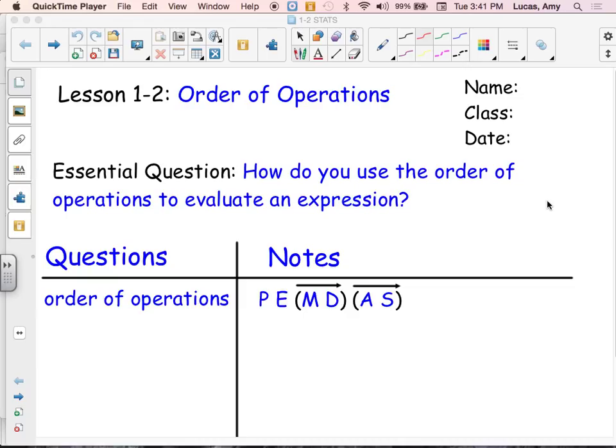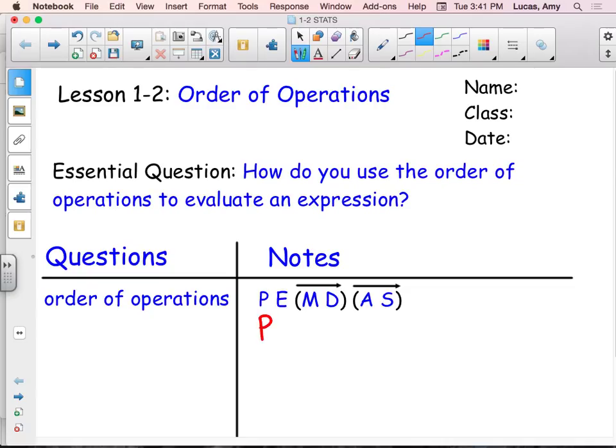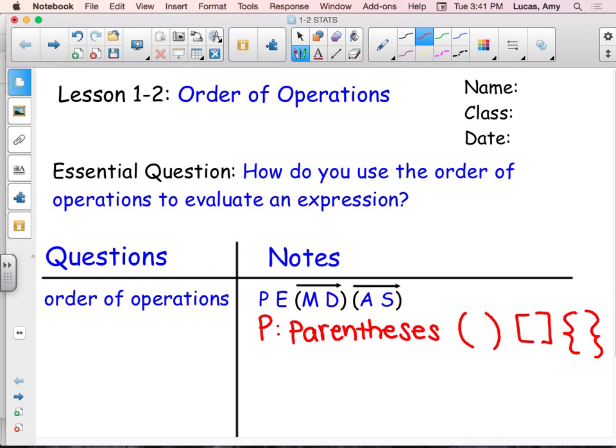The P in PEMDAS stands for parentheses, and parentheses may be rounded, they may look like brackets, they may also look like braces, depending on the problem. And when you're solving within the parentheses, if there's more than one set of parentheses, you work on the innermost set first. From the inside out, you solve.